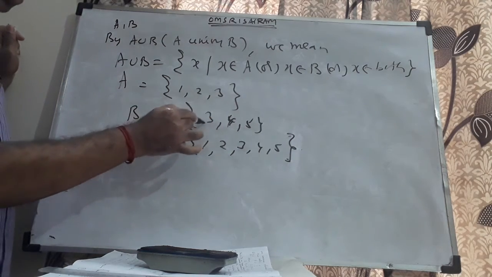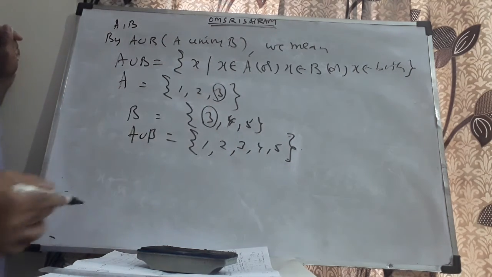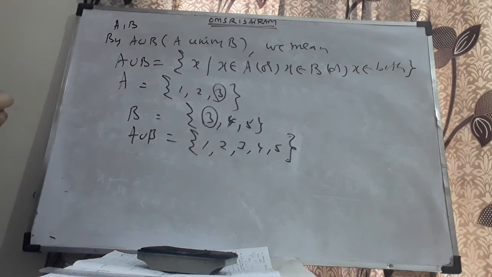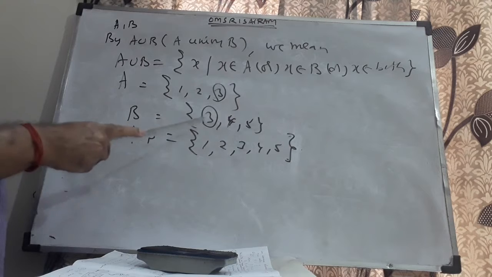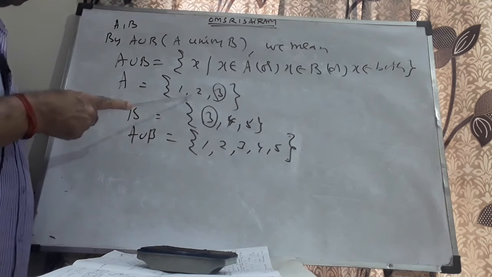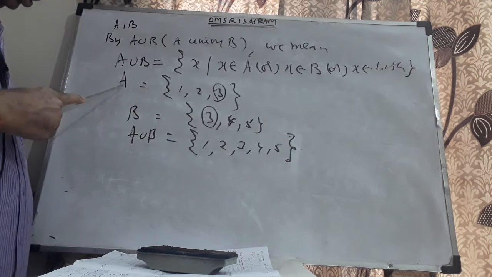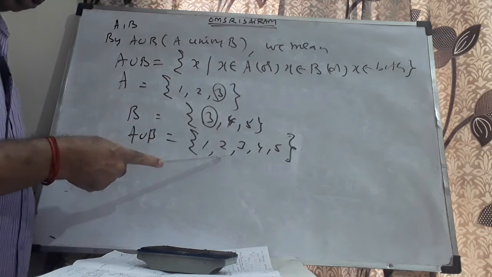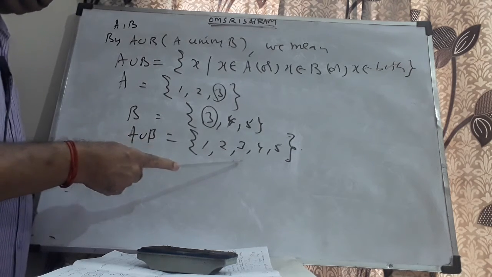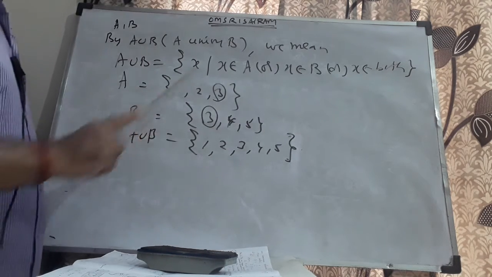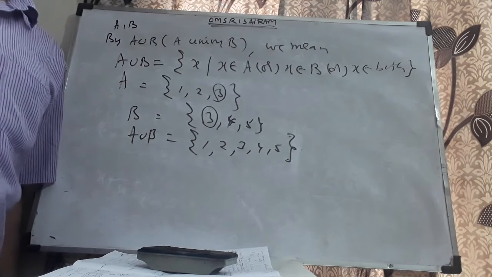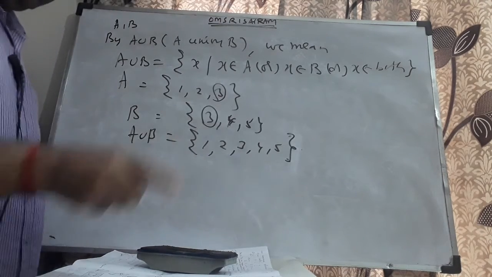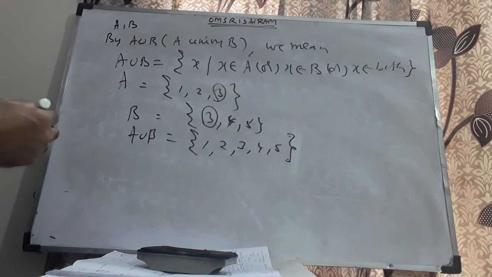The common element is written only once as per the definition of a set. Any element is written only once. Therefore, 1, 2 are there in A, so I will write 1, 2. 3 is there in both, 3 is written only once. 4, 5 are there only in B. Therefore, I will write 1, 2, 3, 4, 5. That is my A union B.